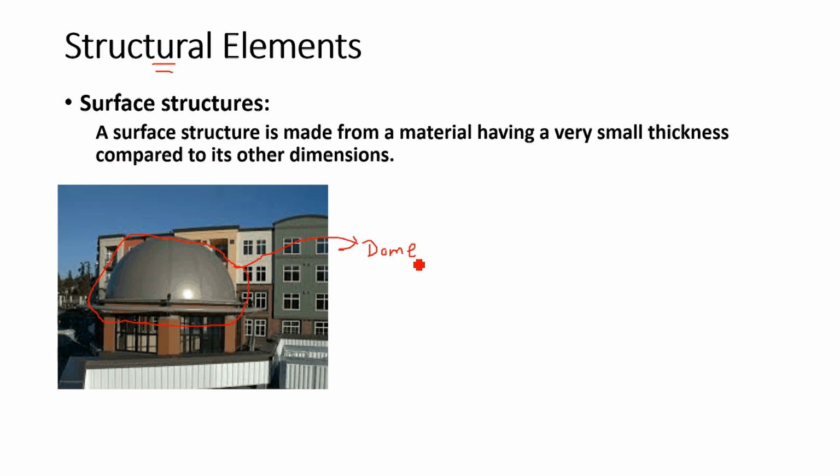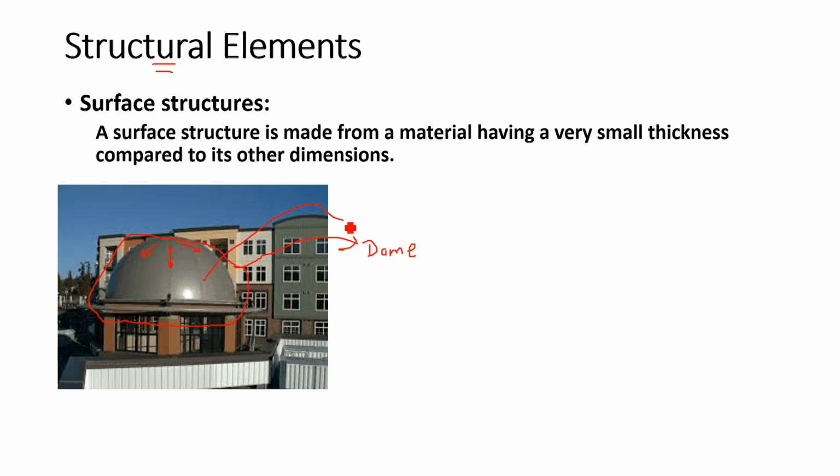This dome has a certain thickness, but within this thickness you can construct the whole member. The whole thing acts as one element, creating surface forces. That means forces can develop in all directions within this element.